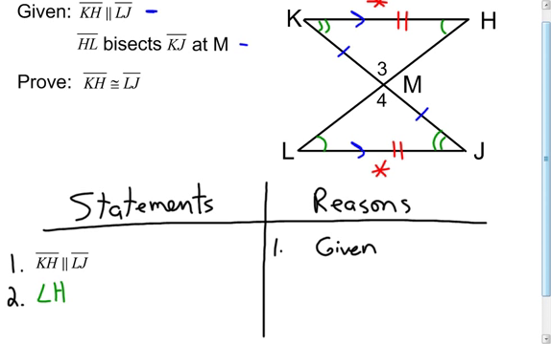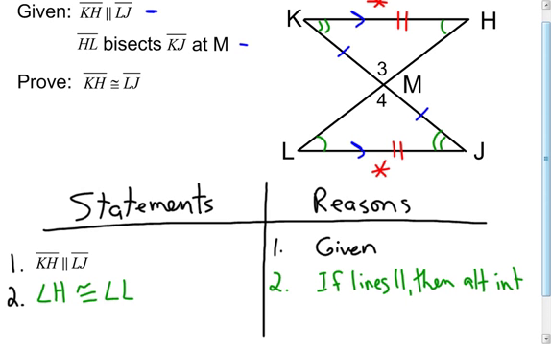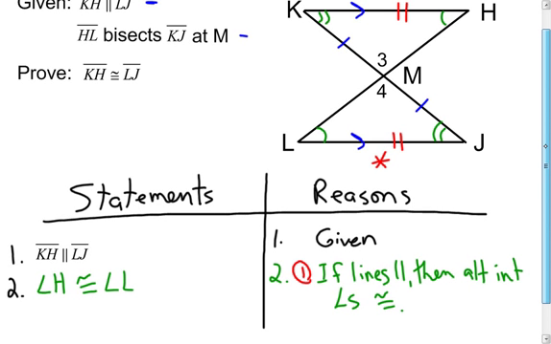So angle H is going to be congruent to angle L. And remember my reason was if lines are parallel, then the alternate interior angles will be congruent. Now my reference number here, well, I needed to know the lines are parallel. That comes from statement 1. If I don't have the parallel lines, I wouldn't be able to say that the alternate interior angles are congruent. So my reference number is 1.